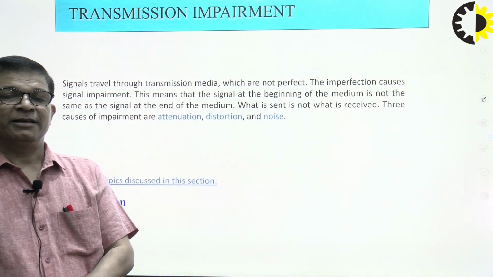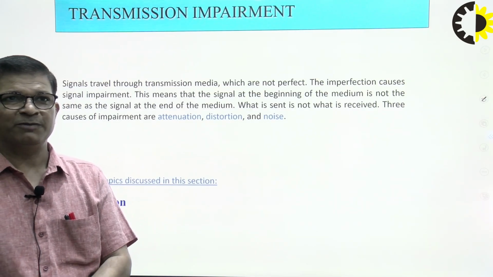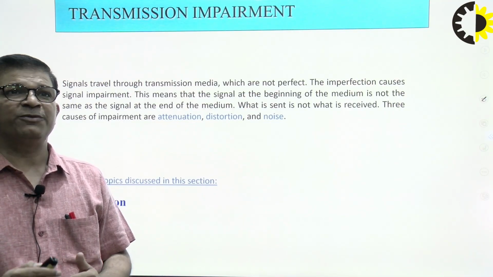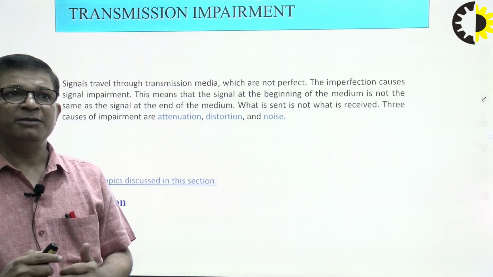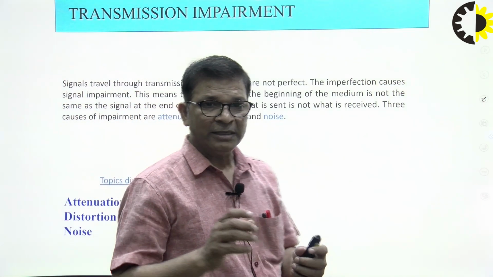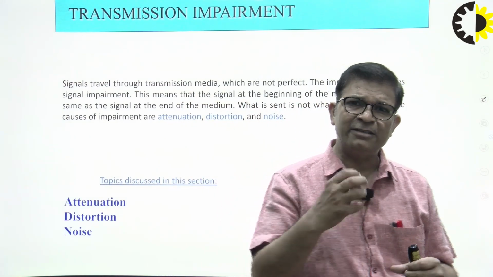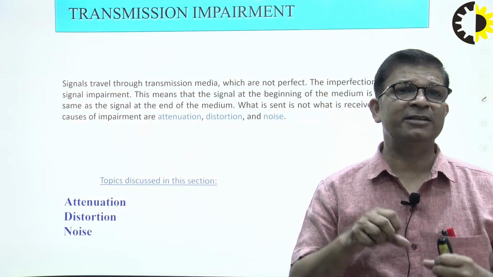Data and signals. In the previous lecture, we have already discussed what is data and what are the different types of signals. Now, let's focus on the various types of transmission impairment. So, what are transmission impairments? Transmission impairments are noise or additional signals that have been added to or removed from the existing signals.